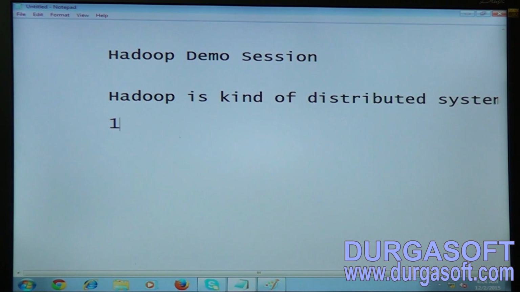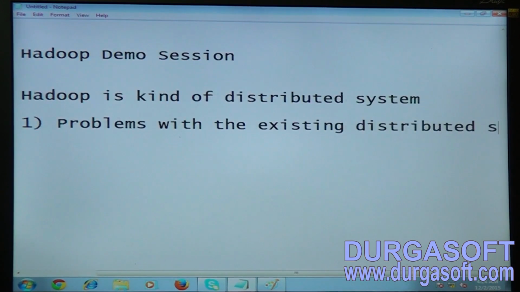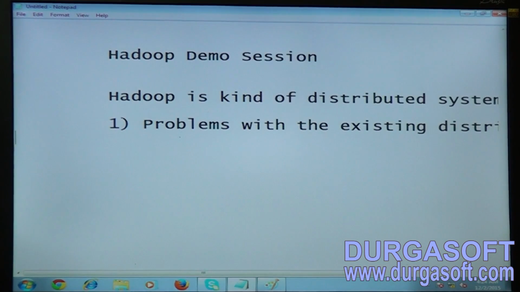So the first set of problems was the problems with the existing distributed systems. A distributed system is nothing but a network of machines connected together with a master-slave kind of architecture.